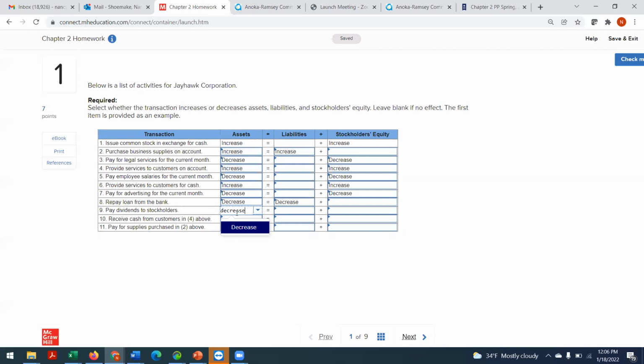So we decrease our cash and we decrease our stockholders' equity. When we receive cash from customers in number 4 above, I want you to think about it. What happens when someone owes us money? It's an accounts receivable, and they pay it.